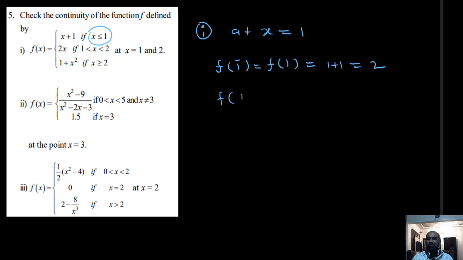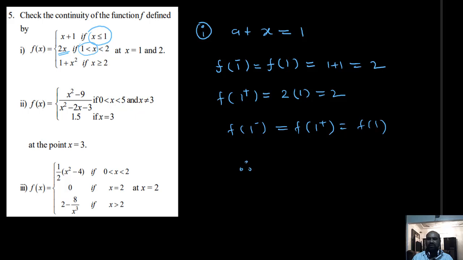Next, f of 1 plus I want to find, students. For f of 1 plus, here this rule is 2x, for x greater than 1 and less than 2. In this rule put x equal to 1, what we will get, that is f of 1 plus, which is 2. What is my observation here? f of 1 minus equal to f of 1 plus equal to f of 1.